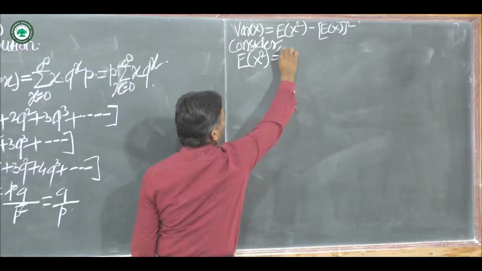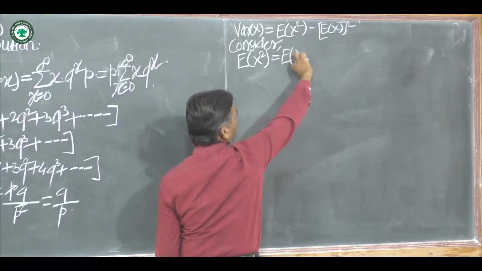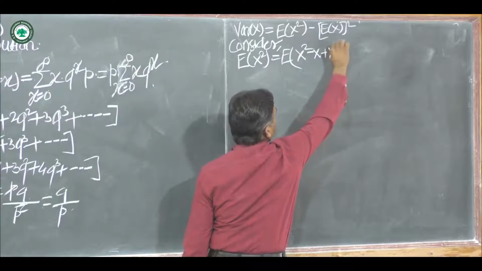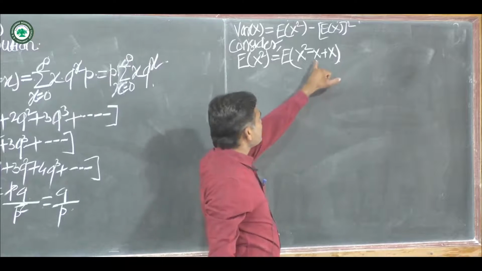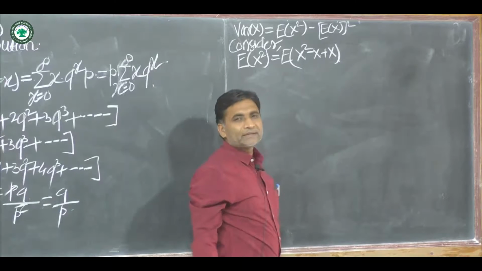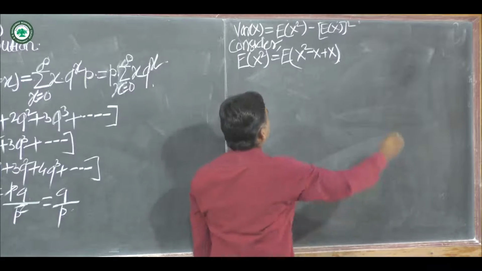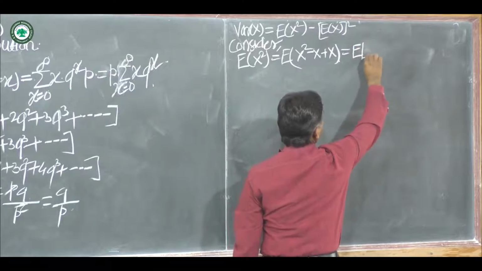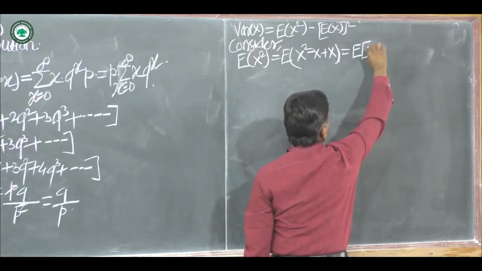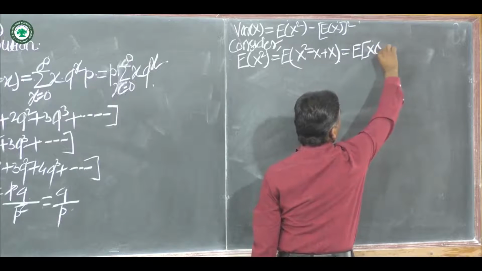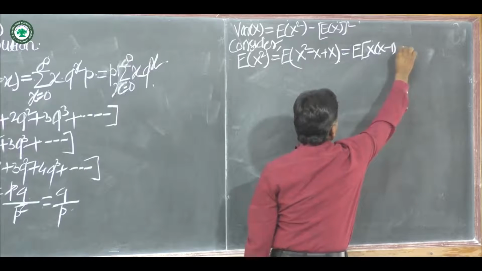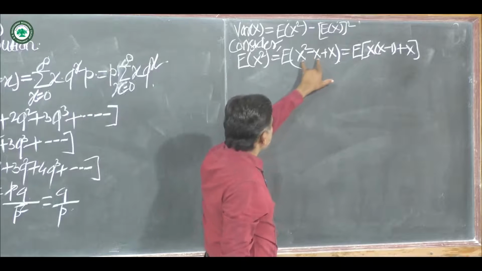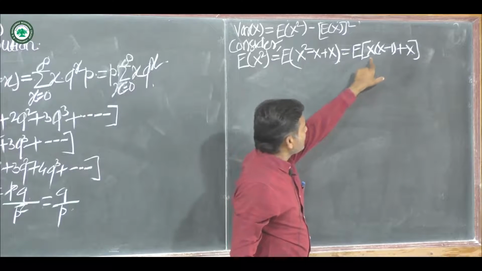Now this x square can be written as x square minus x plus x, meaning in x square we subtract x and we add x, so x square remains the same. Now from the first two terms, x into in bracket x minus 1, plus x as it is. From these two terms we take x common.